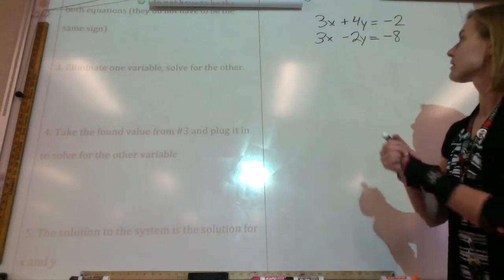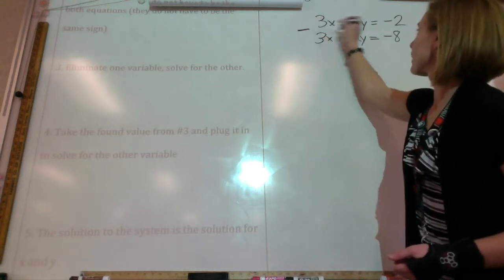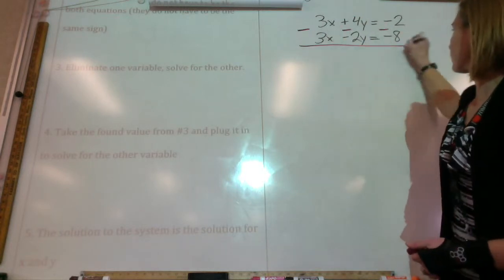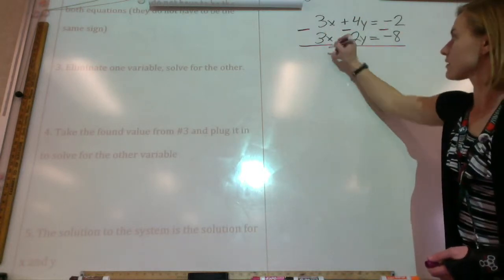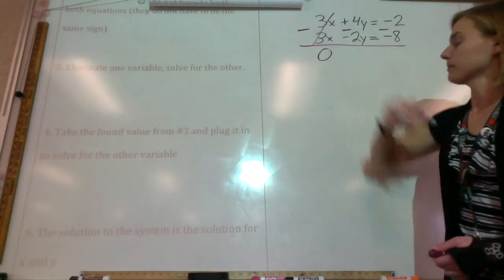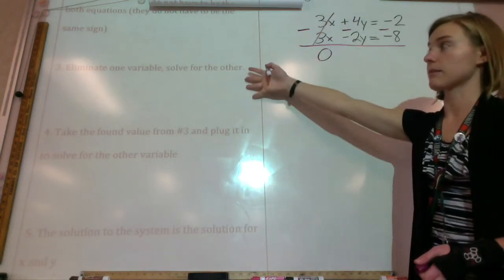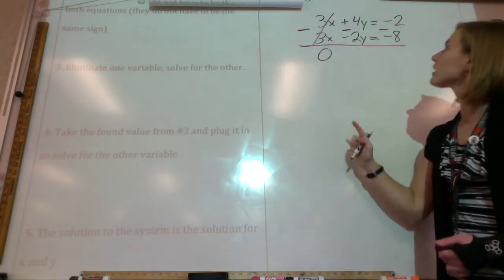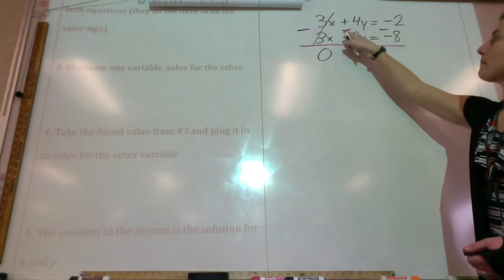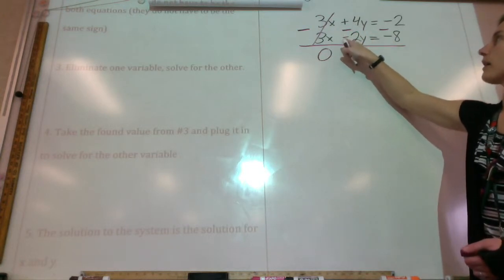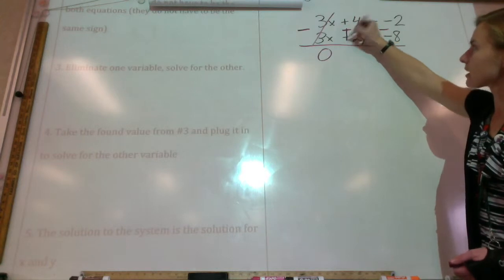So the way that looks is I'm going to go through and subtract everything. So 3x minus 3x gives us 0. So this essentially just goes away. So we've essentially done step 3 to eliminate one variable. Now we need to do 4y minus a negative 2y. Well, those minuses just make it a plus.